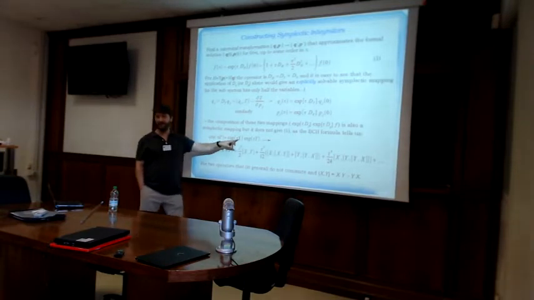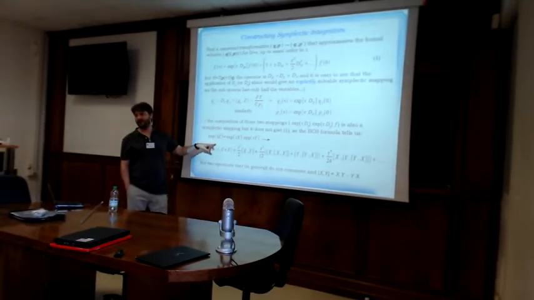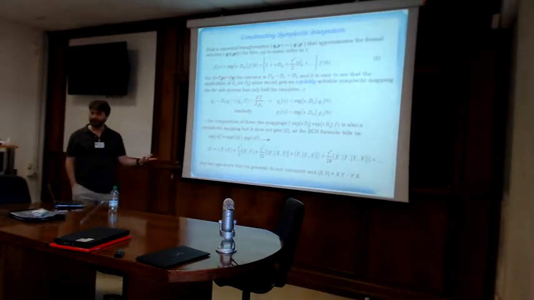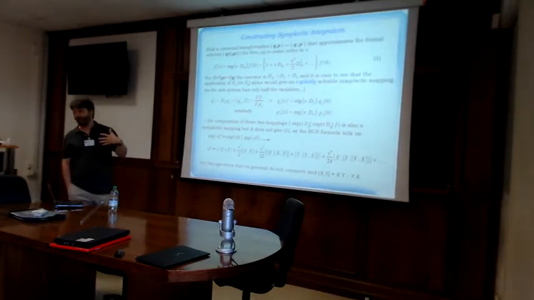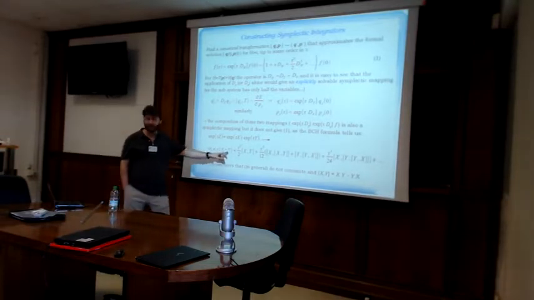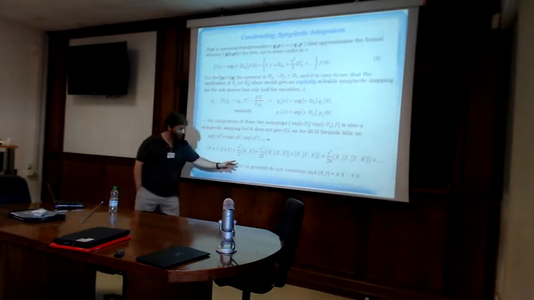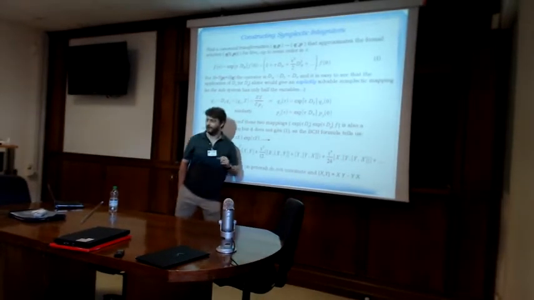If this is T and this is V, this is not H anymore. The Baker-Campbell-Hausdorff formula for operators says that if the operators do not commute, in general this is the result. The T plus V operator would give you a Z operator, which is not the Hamiltonian, but plus higher order terms in time.